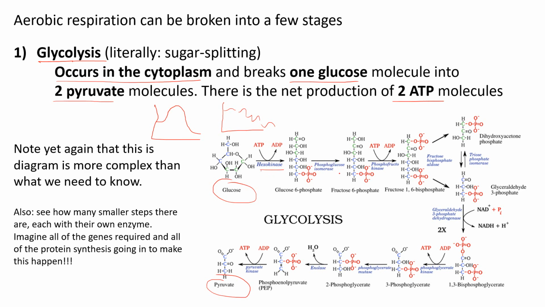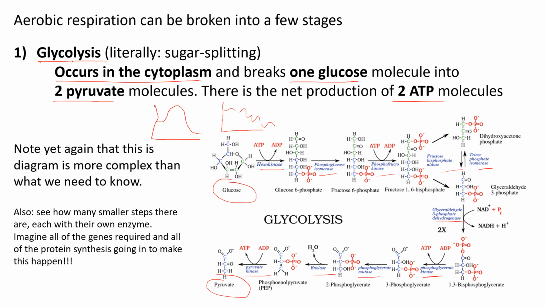You'll also notice that I've got 1, 2, 3, 4, 5, 6, 7, 8, 9, 10 things ending with A's. It's 10 enzymes involved in this process. If we think back to DNA and proteins, each of those enzymes requires at least one gene to make it because they're all proteins.